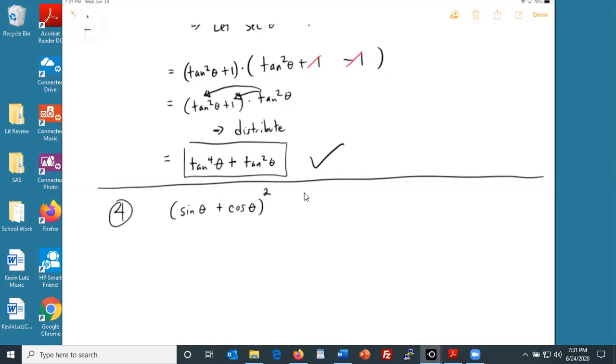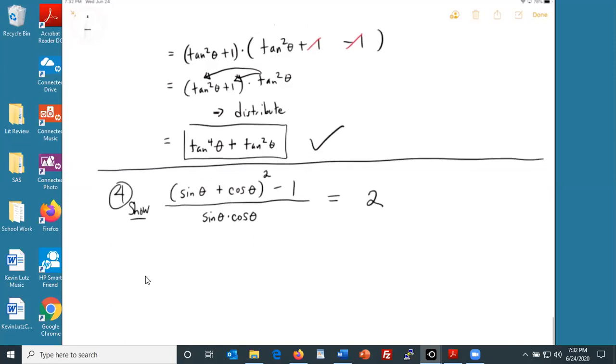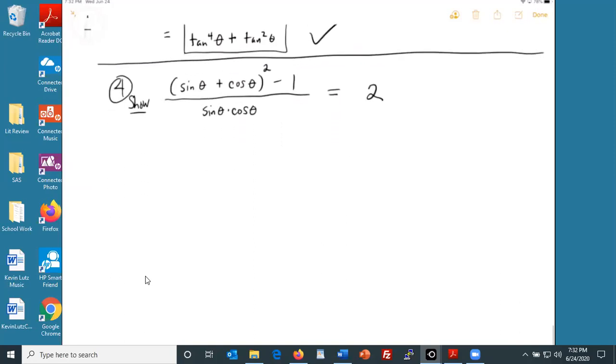You're going to be simplifying a term just like this and then combining it with other terms. So let's say that we have that minus 1 divided by sine of theta times cosine of theta. So we want to show that this will equal 2. All that lovely math will equal 2.